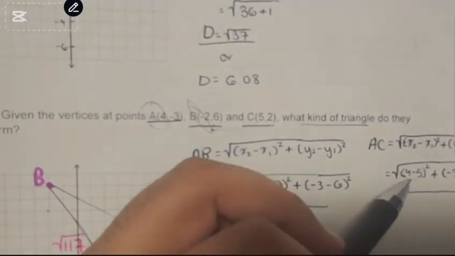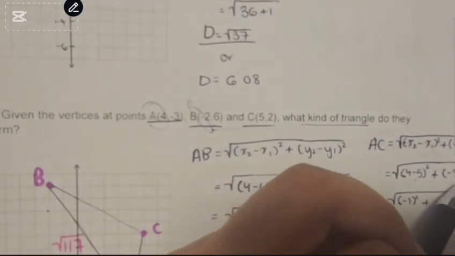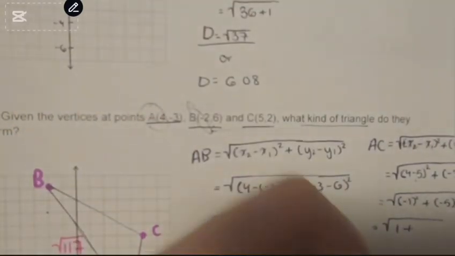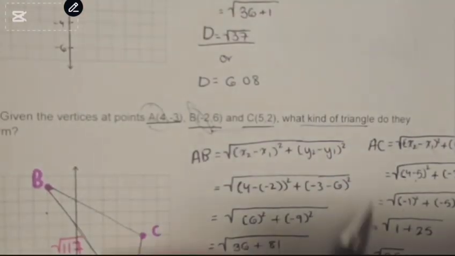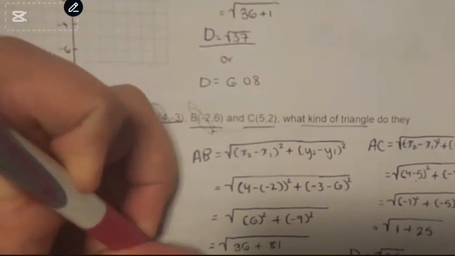So 4 minus 5 becomes negative 1 squared, plus negative 3 minus 2 becomes negative 5 squared. Negative 1 squared becomes positive 1, and negative 5 squared becomes 25. This whole thing equals root 26. So we now know the distance between AC is equal to root 26, and now we can put this into our equation.